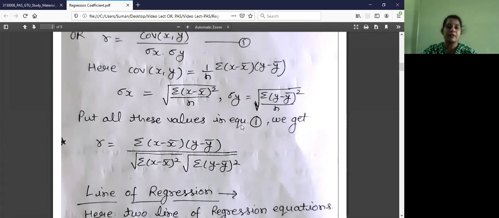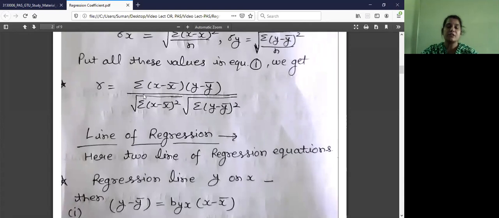Put all these values in equation number 1. We get the correlation coefficient. The formula is r is equal to summation (x minus x bar)(y minus y bar) divided by under root summation (x minus x bar) whole square under root summation (y minus y bar) whole square.